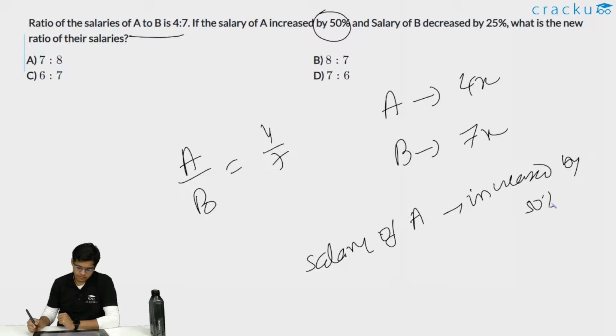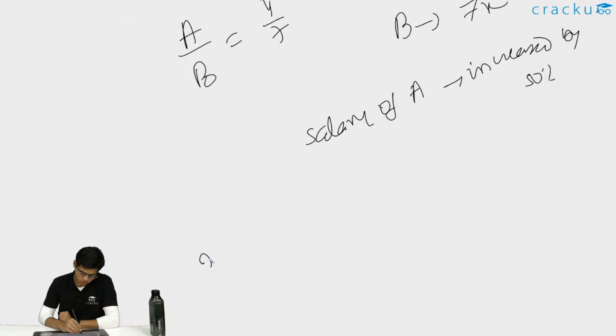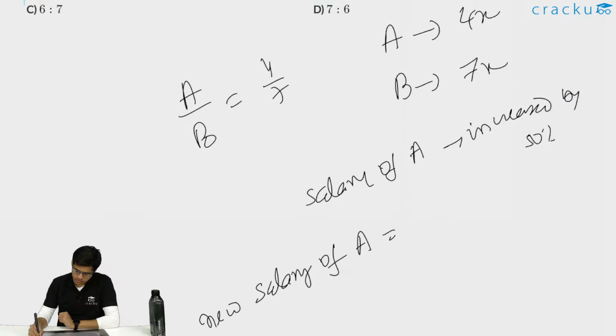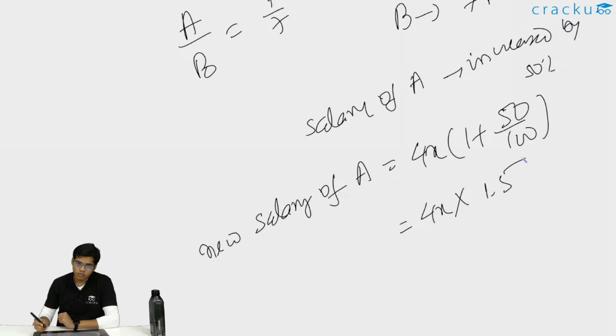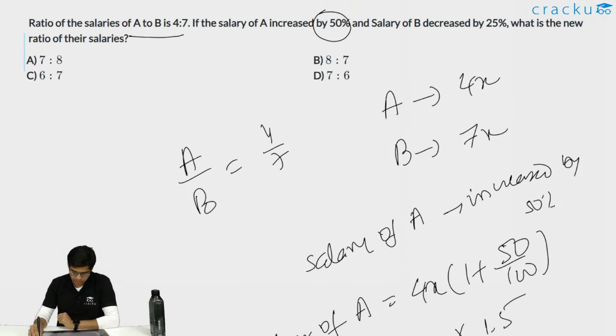Which means after this increase, what will be the new salary of A? New salary of A will be 4x into 1 plus 50 by 100, right? Increase by 50%. So it is 4x into 1.5, which is 6x. This is the new salary of A.